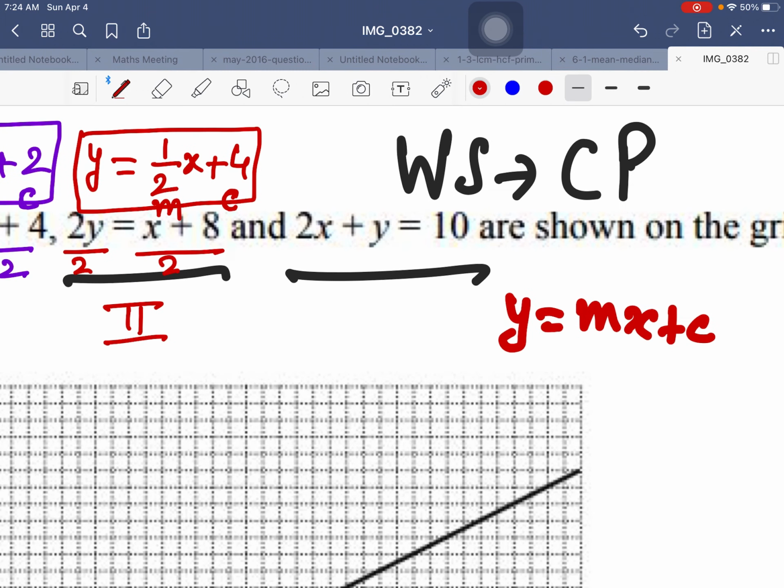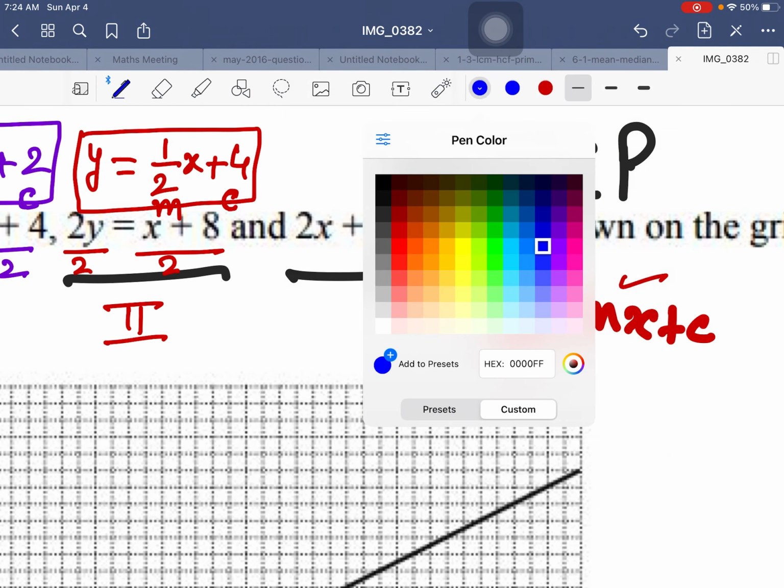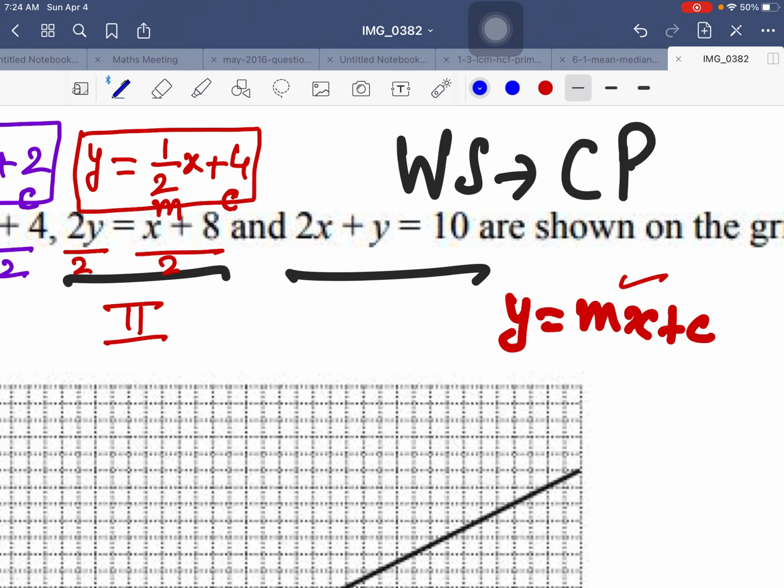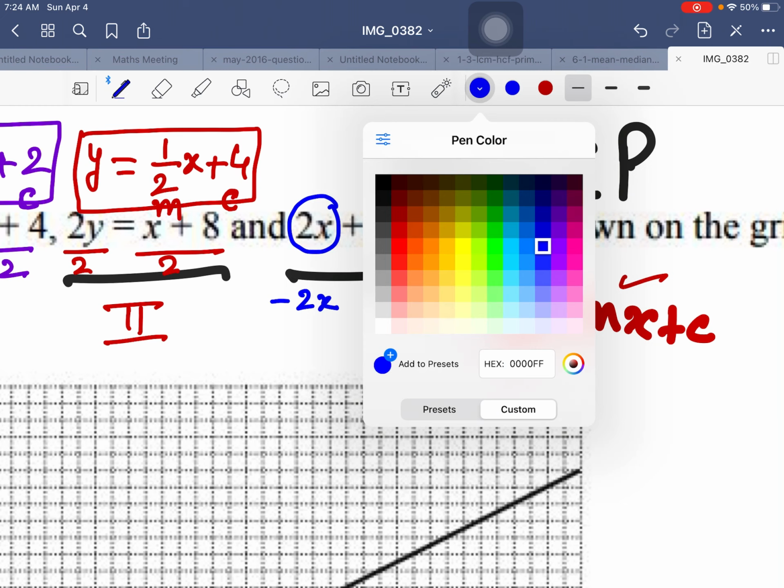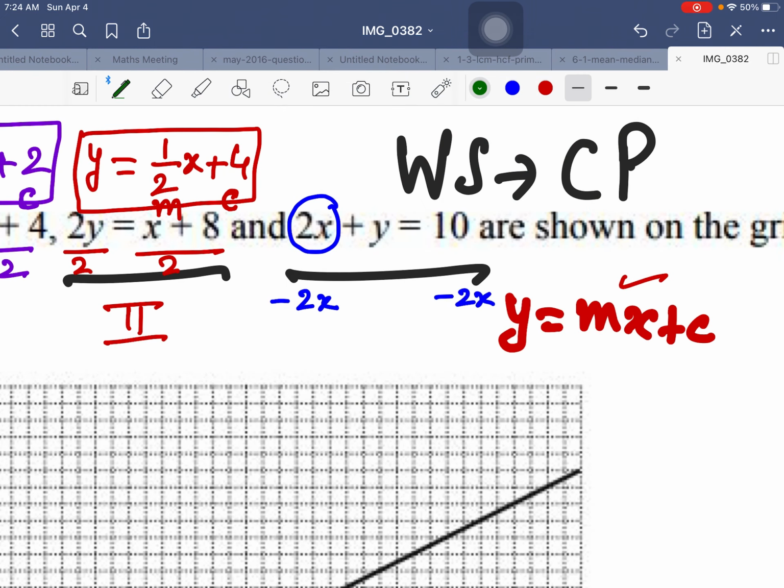Likewise, I need to transform this equation into standard form, like this form. I need to keep y alone on one side, so I need to move this positive 2x. What I can do, I write minus 2x on this side, I write minus 2x on the right side. Afterward, this positive 2x and negative 2x cancel. I am left with y here.